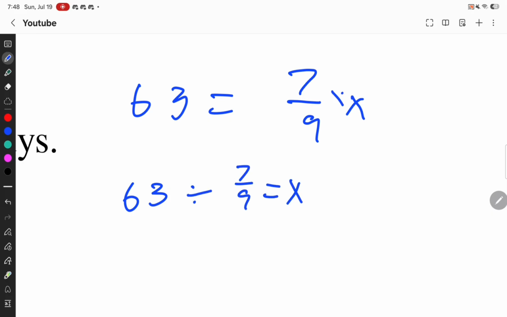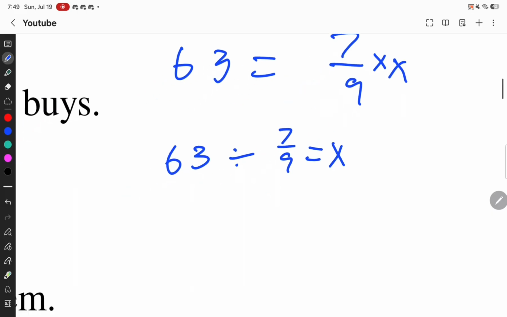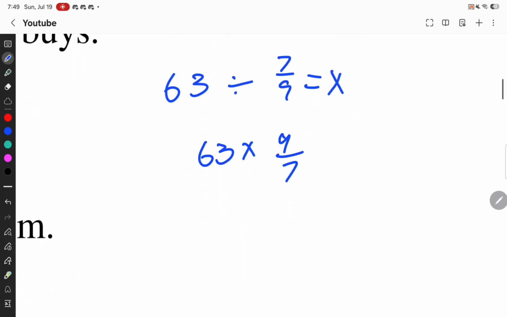Remember, 7/9 times x, meaning this represents 7/9 of x. When it says find a fraction of a quantity, it means multiply that fraction by that quantity itself. We do this. 63 times 9/7.